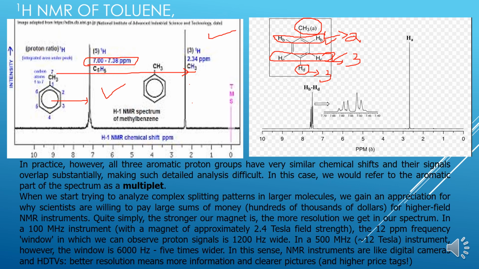Otherwise, the splitting pattern will be resolved like that. So this is about aromatic protons Hb to Hd. This is about methyl protons: because methyl protons have no neighboring protons, there is no splitting, and only one peak is observed. It is more shielded, and this one is less shielded, as far as chemical shift is concerned.